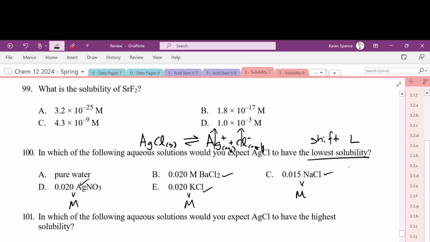So how am I going to tell which one will make it have the lowest solubility? The one with the highest concentration. Who has the highest concentration? BaCl2, because we've got 2 Cl's, so the concentration of Cl is 0.04 molar.